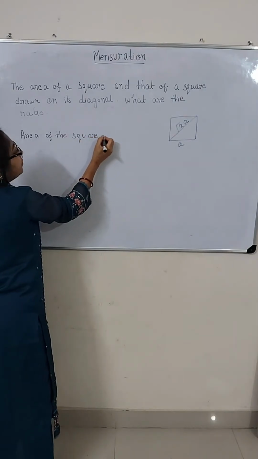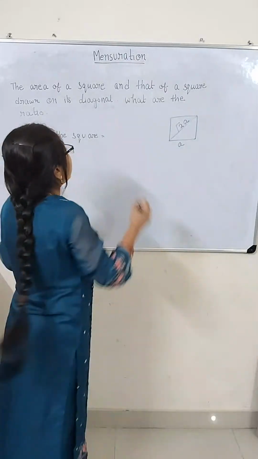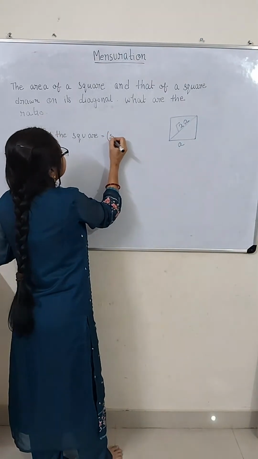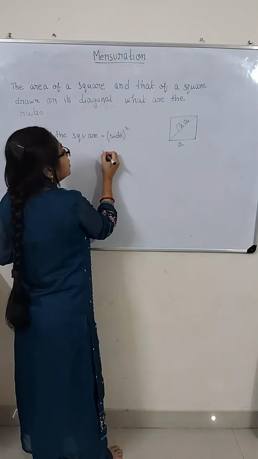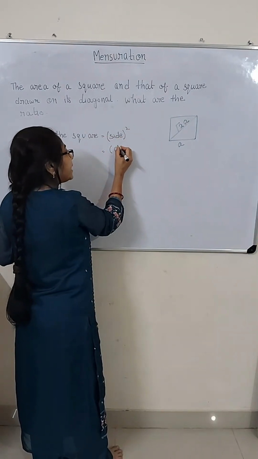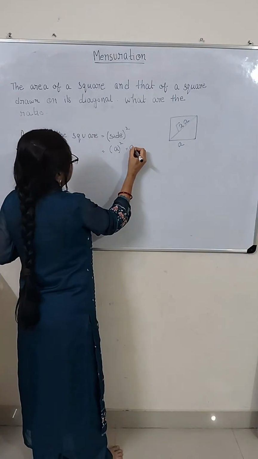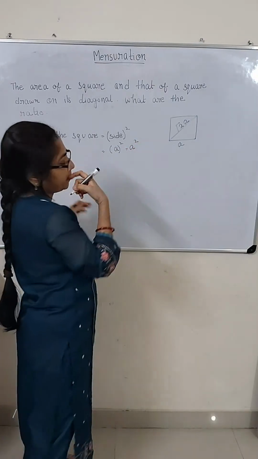What's the area? Formula is side square. Side whole square. What's the side? Side is a, means a square. Okay?